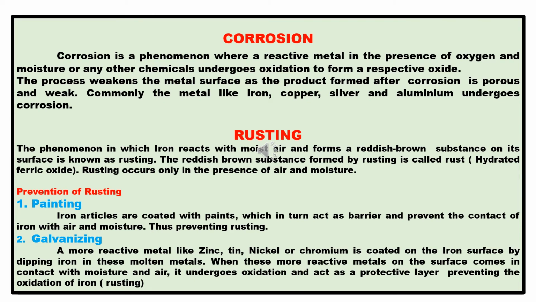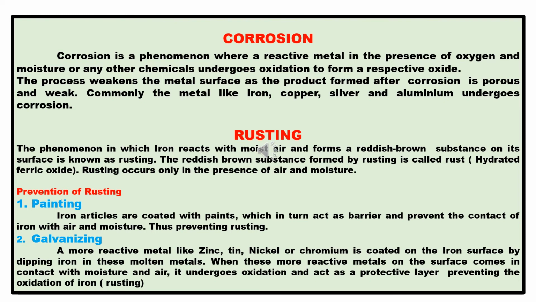Now, the next term is rusting. What is rusting? The phenomenon in which iron reacts with moisture and forms a reddish brown substance on its surface is known as rusting. So we learned corrosion. In that, even iron is included. So when all the metals react with oxygen or moisture in the environment, that process is called what?